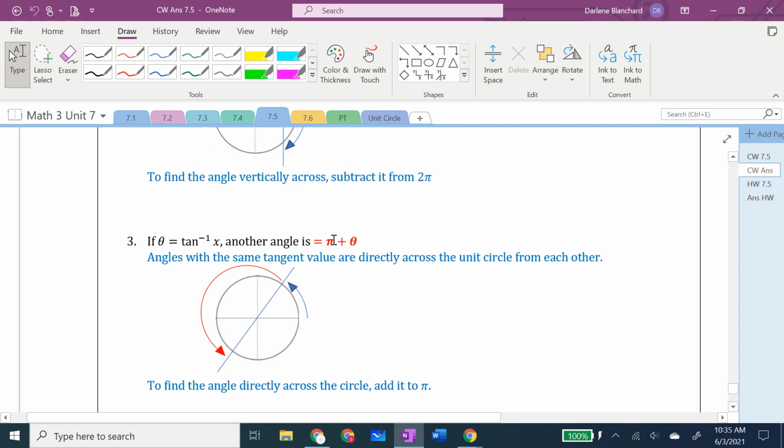With tangent, you can simplify it to adding pi instead of adding 2 pi.